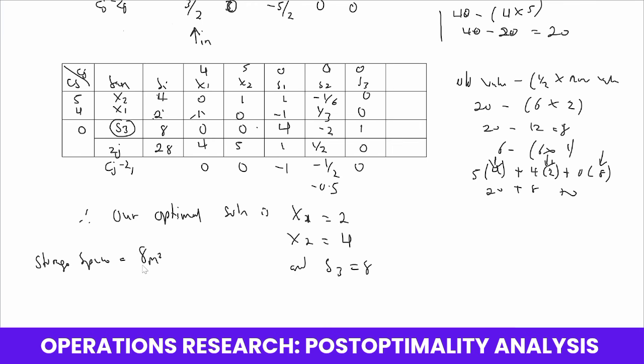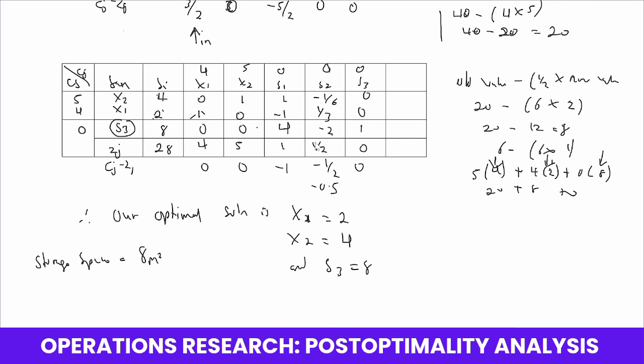And also, you could see that if S1 enters the basis, there's going to be a reduction of labor by 1 unit. The same way, if S2 enters the basis, there's going to be a reduction of material by 1 unit.